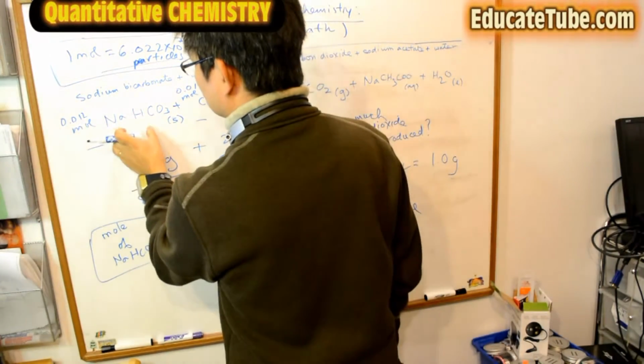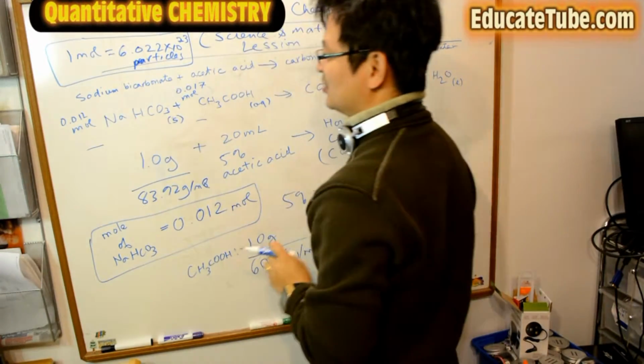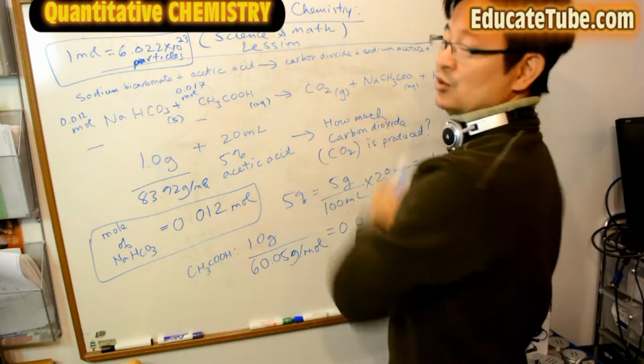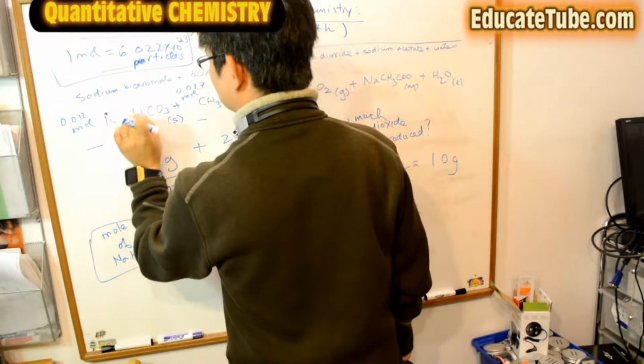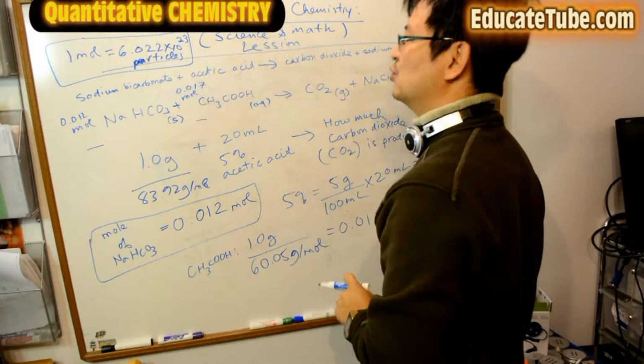So this compound, this sodium bicarbonate, is the one that will determine how much CO2 will be produced. So we are going to be basing it on the limiting amount, which is this sodium bicarbonate, 0.012 moles.